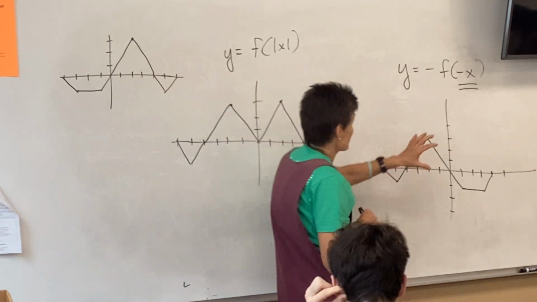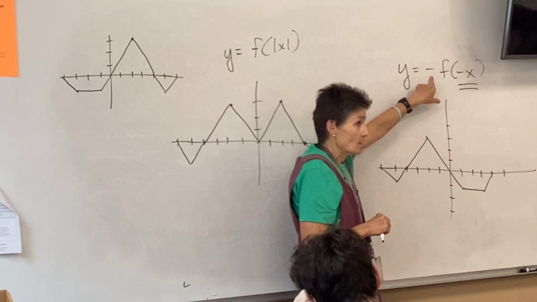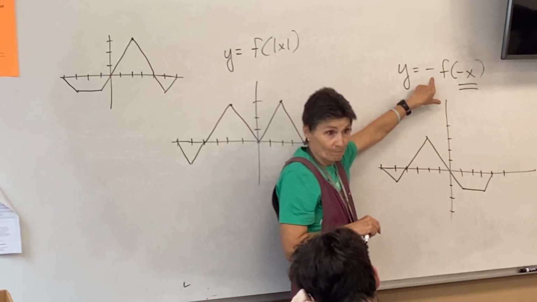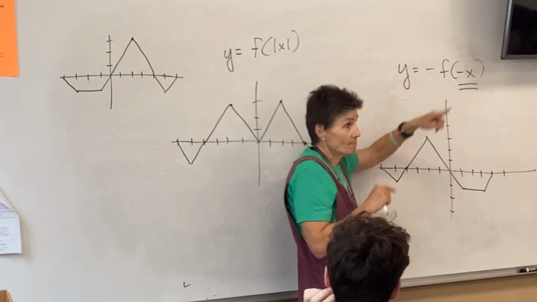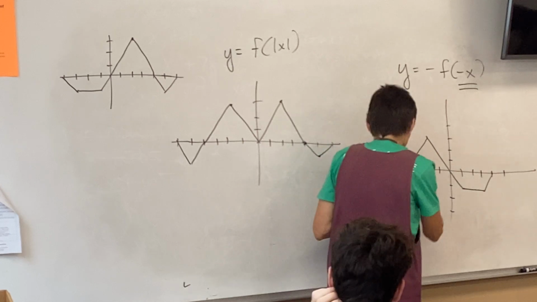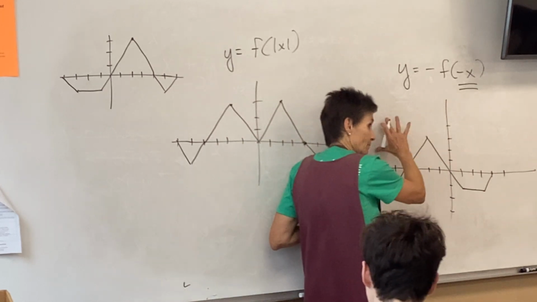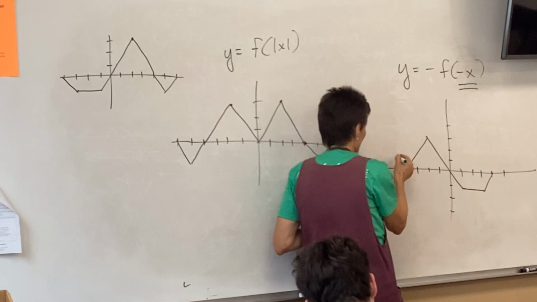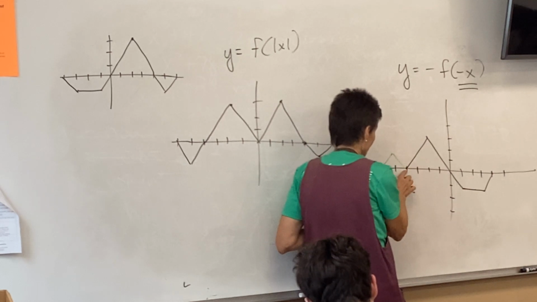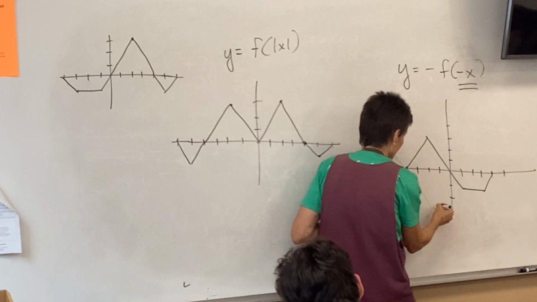Now, I'm not done with this one though, because why? I haven't done this. What does that negative do? Turns me upside down. So it's gonna take what I just did and totally flip-flop it. So the little triangle's gonna come up. The big triangle's gonna go down.